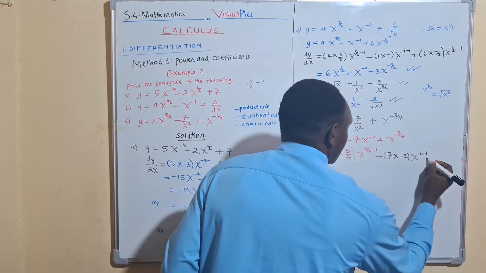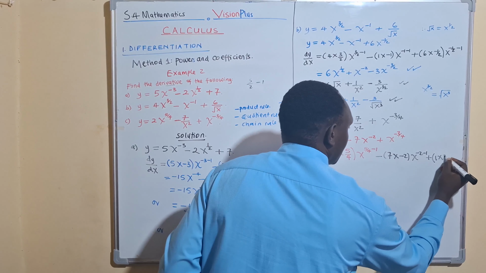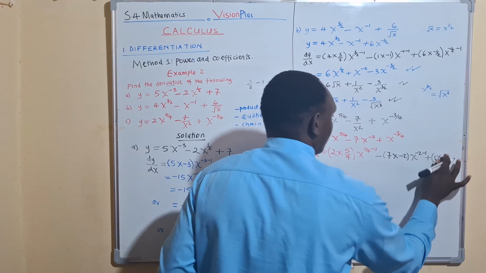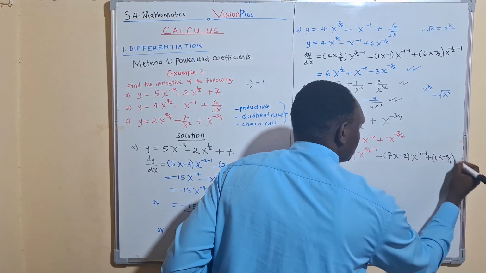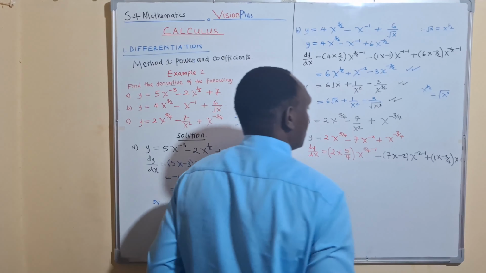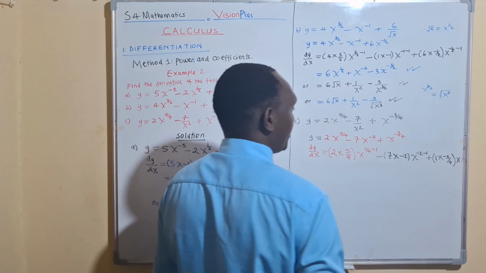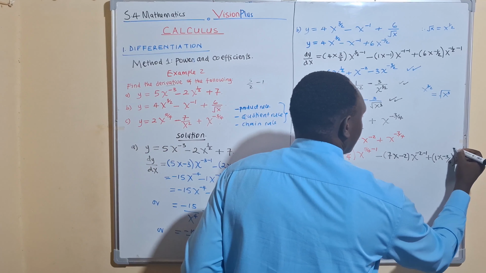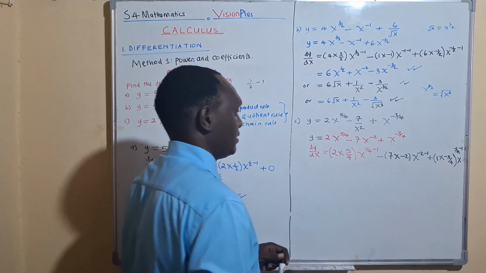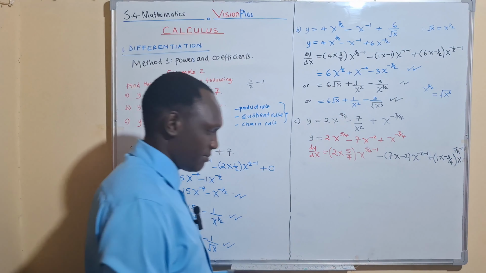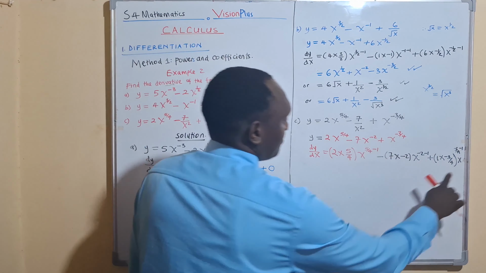Now the term is done. Plus, here we have 1 times negative 3 out of 4 x. What is our new power there? Our new power there is negative 3 out of 4 minus 1. Okay, that is the power of x there.